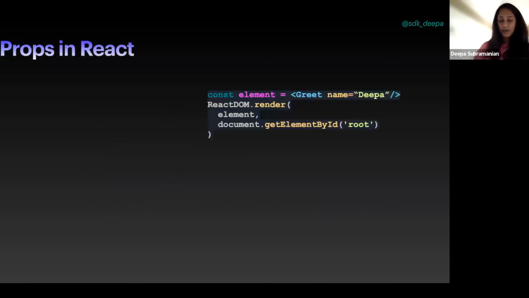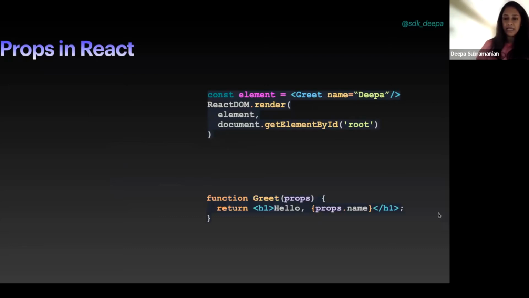So if you look into this code, there are a couple of pieces. Imagine that this is a separate file as greet.jsx, and this is your index.js. The render method is called with that element, which is greet, and we are giving a parameter here as Deepa.